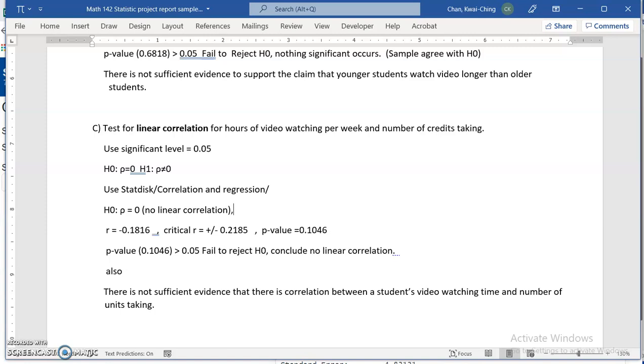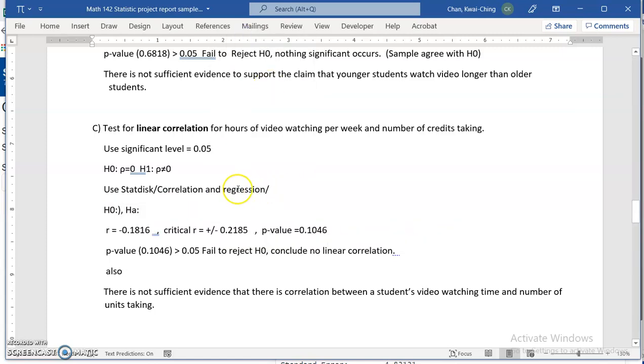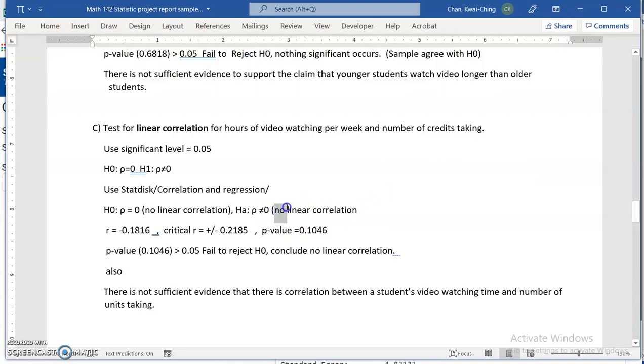And then HA is rho not equal to 0, so there is linear correlation.